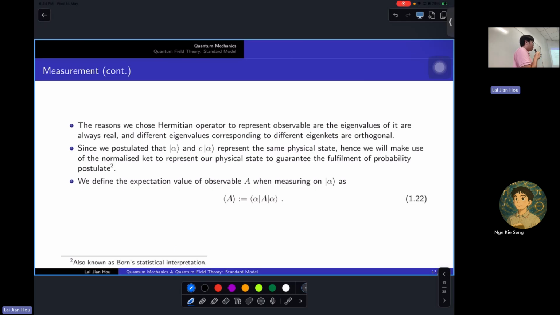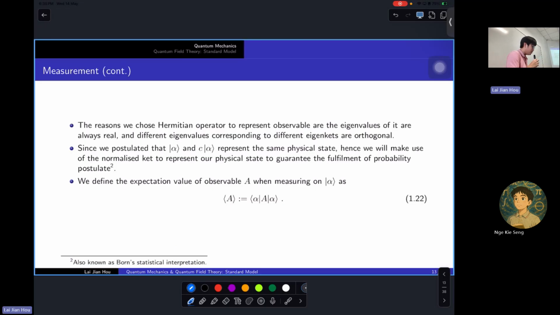So let's say we do many measurements. We want to see the expectation value of observable A, the expectation value of measuring observable A in that physical state alpha.